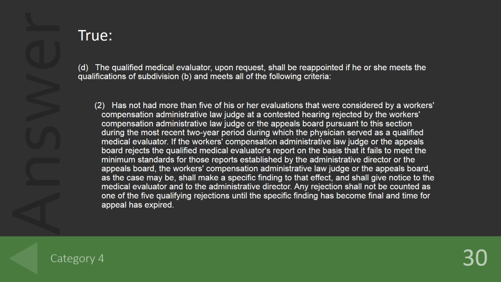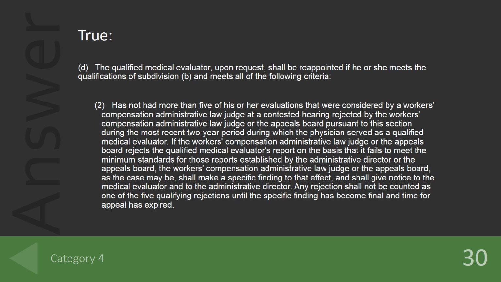It says that the QME shall be reappointed if he or she meets the following criteria. And this criteria has to do with your reports. So this is not the only criteria that you have to qualify for in order to be reappointed, but this is the one criteria that relates to your reports.